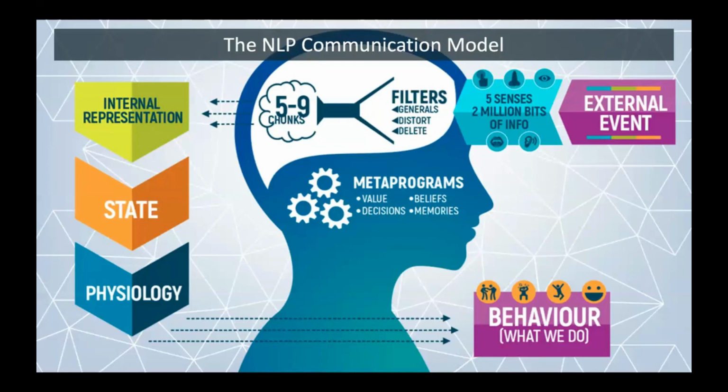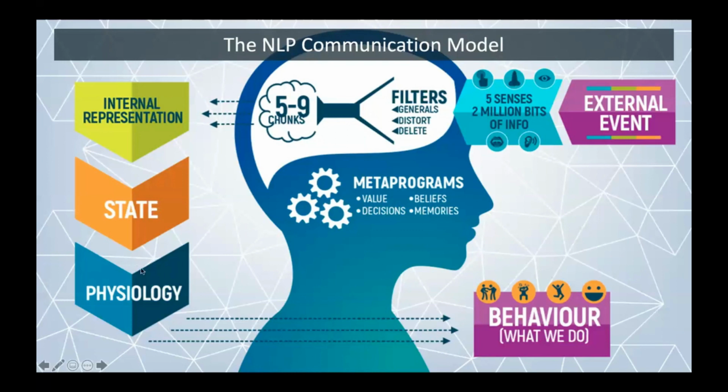So your internal representation is individual to you, based on your filters. And that internal representation creates a state, an emotion. If you were thinking of your favorite food, it might have created a positive state. You might have felt warm and fuzzy, or just happy, or a little bit excited thinking about your favorite food.